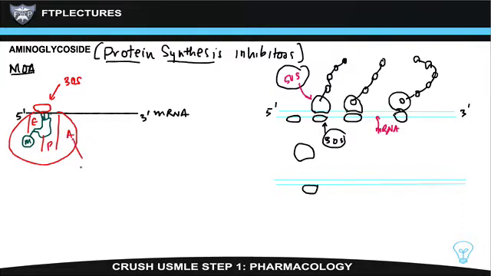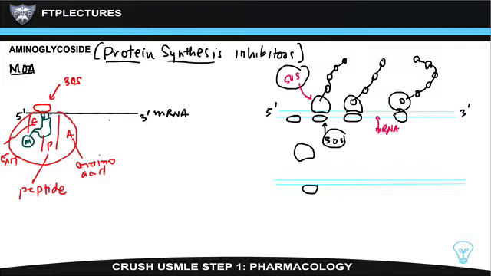A for amino acid, and P for the peptide unit, peptide site. And the E site, surprise, exit. I didn't think scientists would try to be really smart with that. It's just an exit, right?